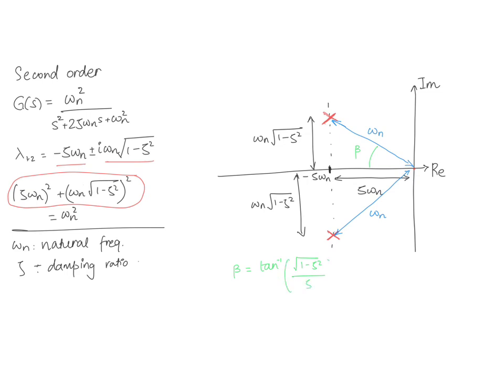The omega n cancels out. So this angle only depends on zeta, the damping ratio. It does not depend on omega n.